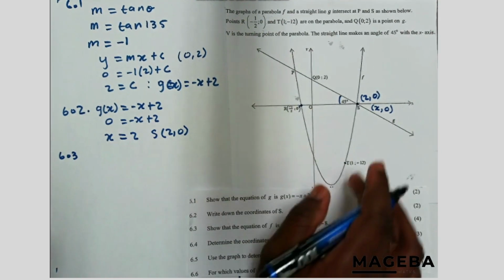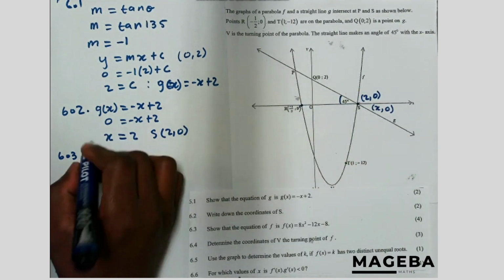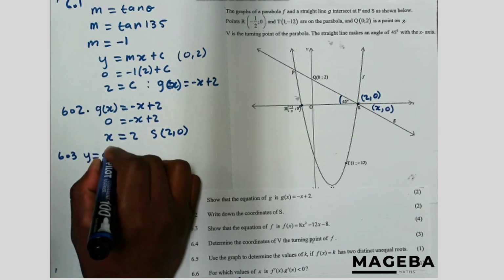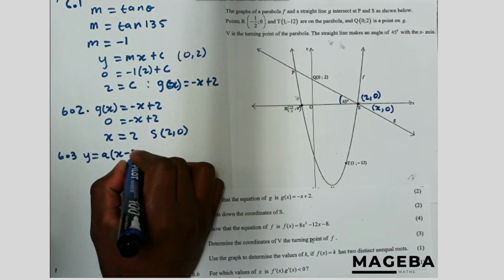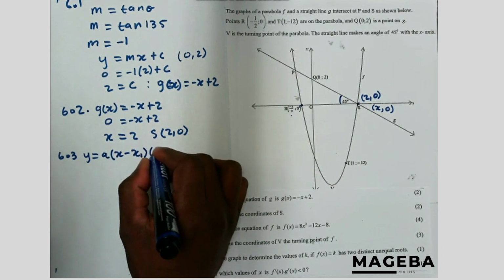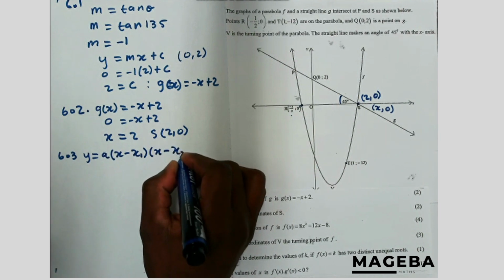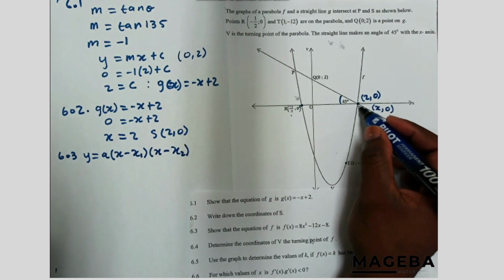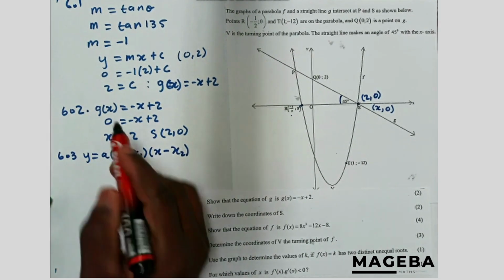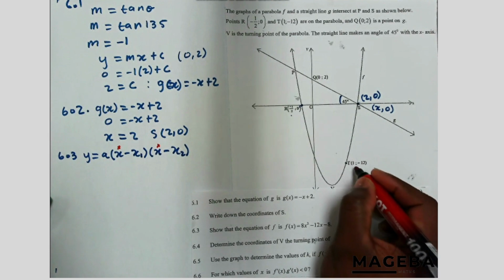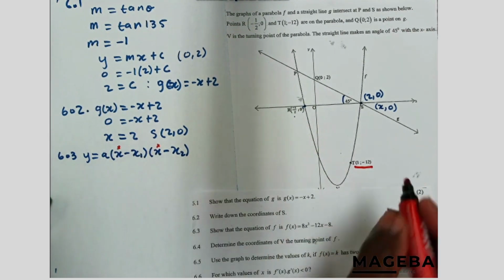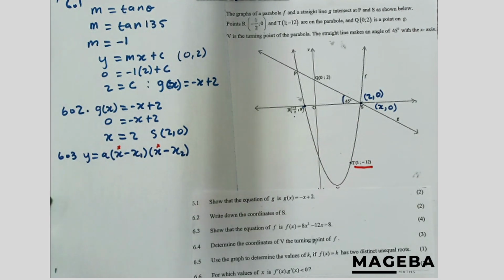If we have these two points and a point on the graph, we use the equation y equals a into x minus x1, where x1 is the x of R, then x minus x2, where x2 is the x of S, and then we are using this point in the graph, so my x is going to be 1 and my y is going to be negative 12.